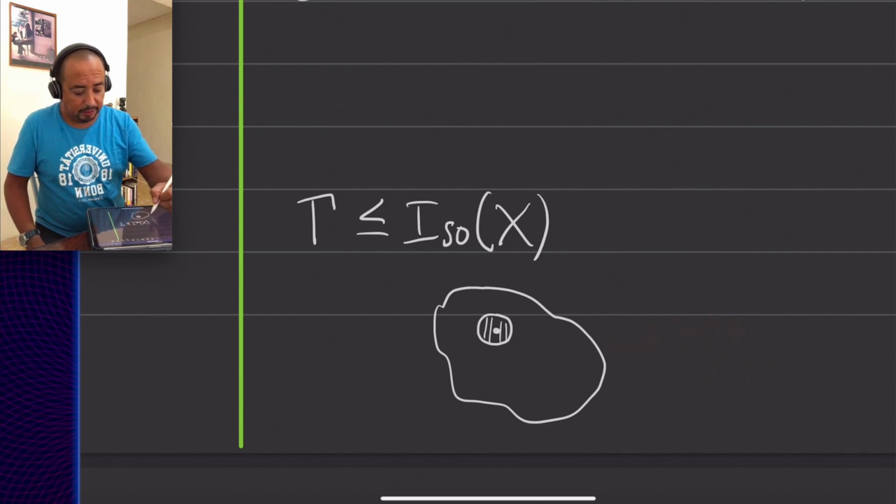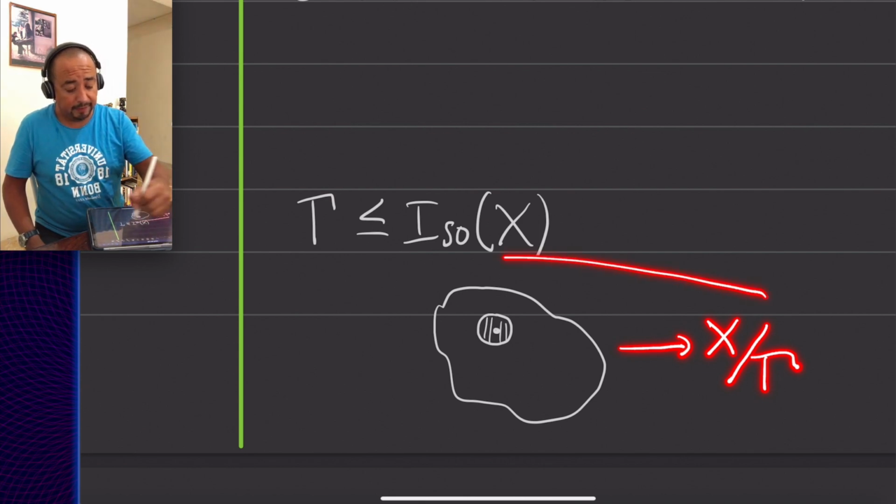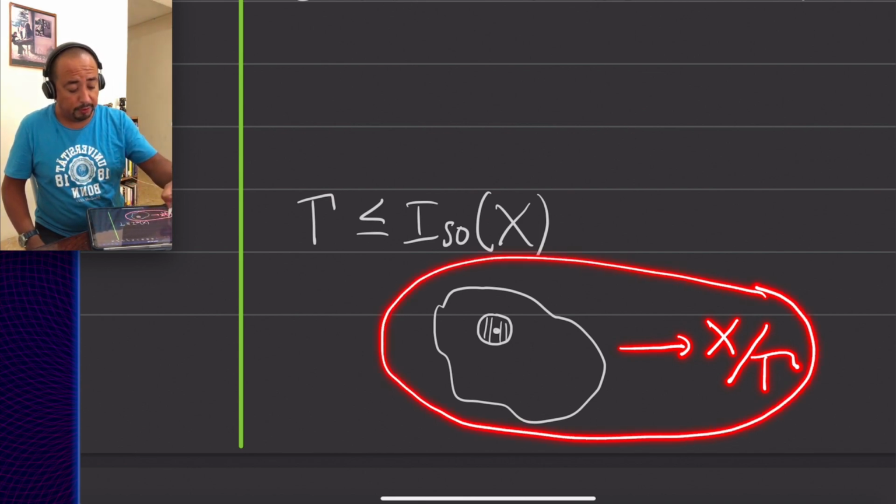And so it seems that the projection to the orbit space is a covering map. Roughly speaking, this is a way of producing covering maps.